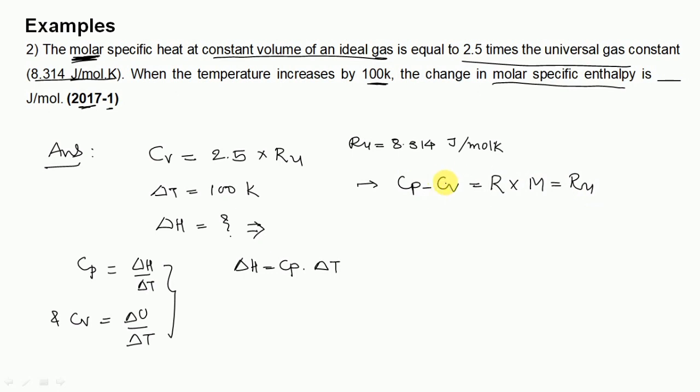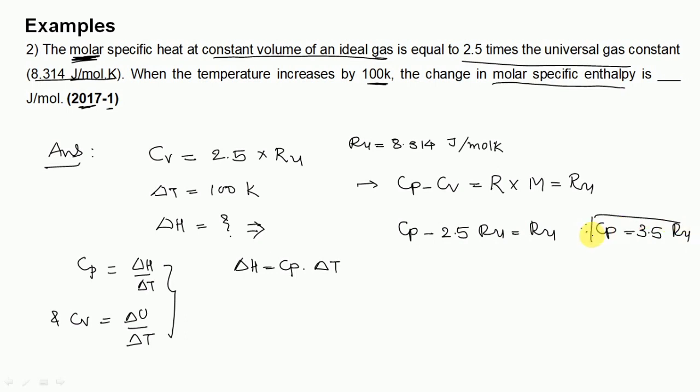So we need to multiply R with the molecular mass M, and then it becomes Ru. So we have the Cv value, which is 2.5 Ru, and this value also becomes Ru. That's why the value of Cp is 3.5 times the universal gas constant.